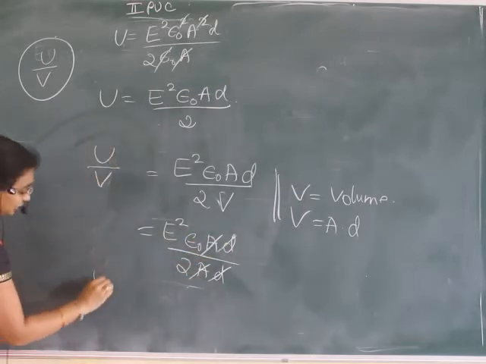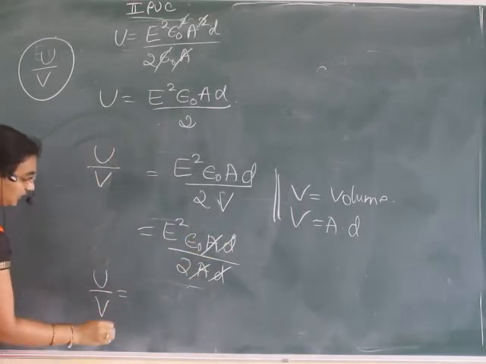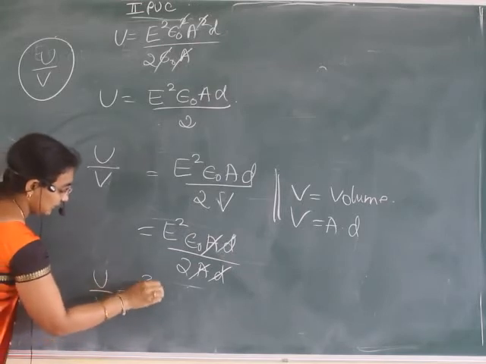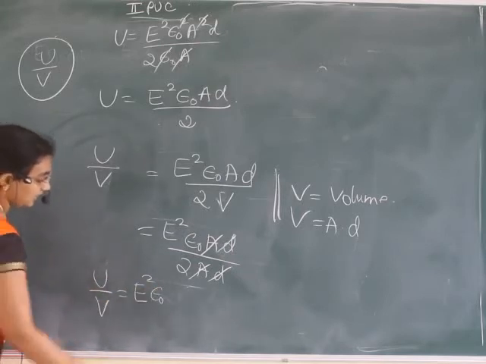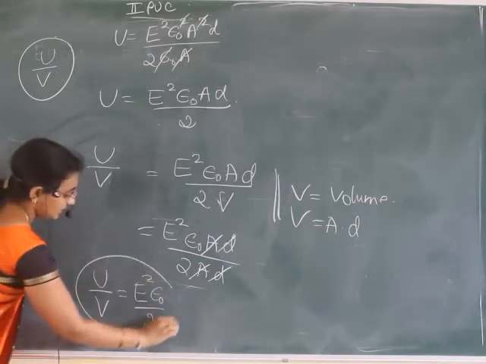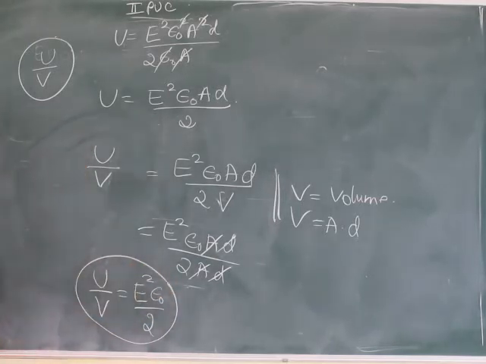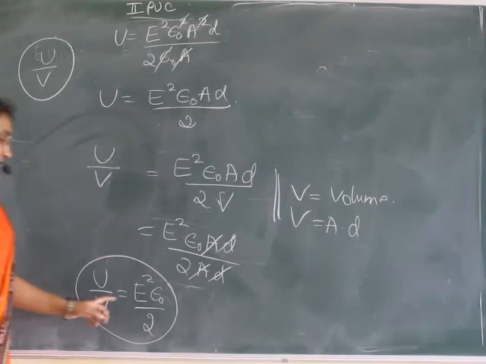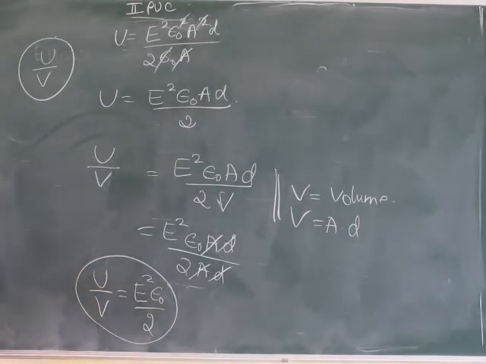Therefore, energy stored per unit volume is equal to E square epsilon naught divided by 2. The expression is half epsilon naught E square, or E square epsilon naught by 2.